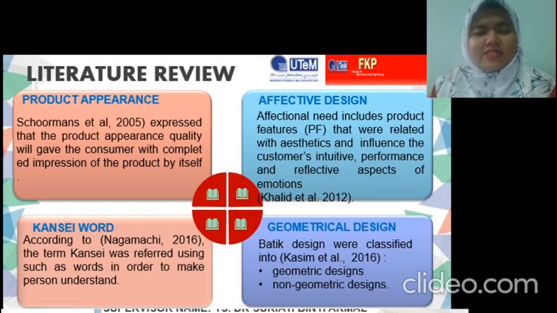And second is affective preference. Affective preference includes product features that are related with aesthetics and influence the customer's intuitive, performance and reflective aspects of emotions. Khalid et al. 2012. The sentiment is a strong emotionally experienced feeling whose cause is obviously recognized, but it will not last so long.